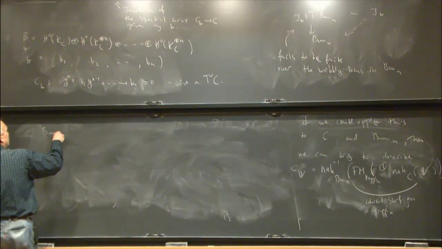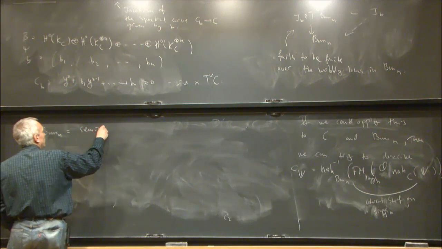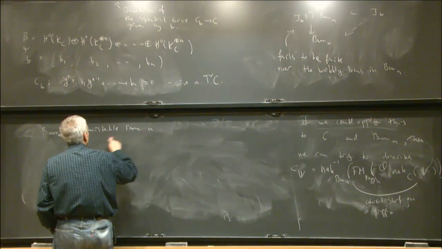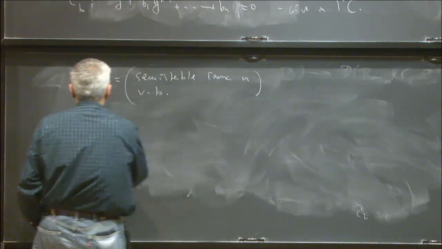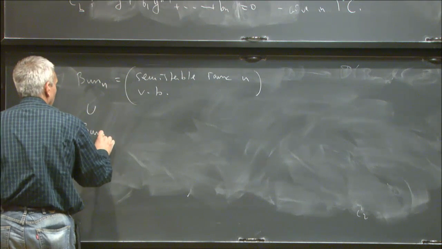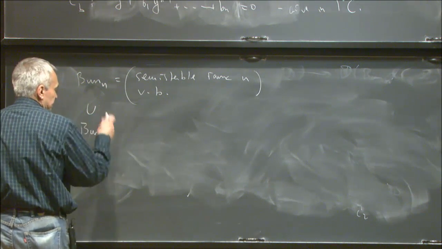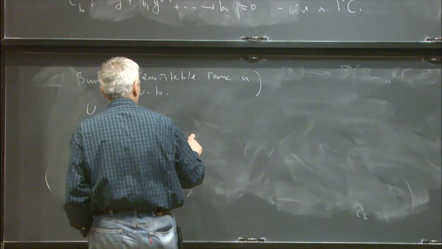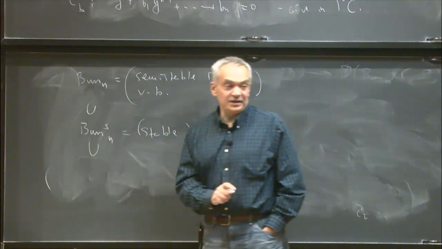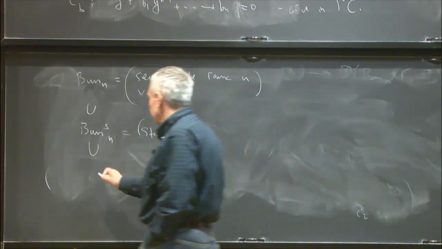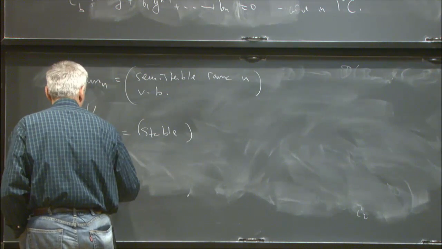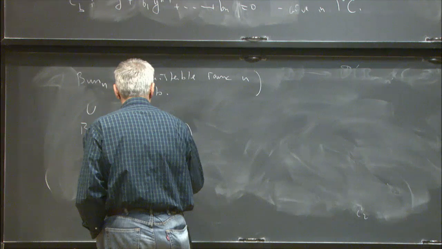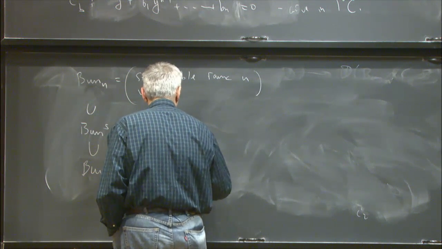So Bun_n consists of semi-stable rank n vector bundles. Inside, of course, we have the interesting locus of bundles that are stable. But there is a slightly smaller open set, which consists of the bundles that are very stable. So these are the very stable vector bundles of Laumon.